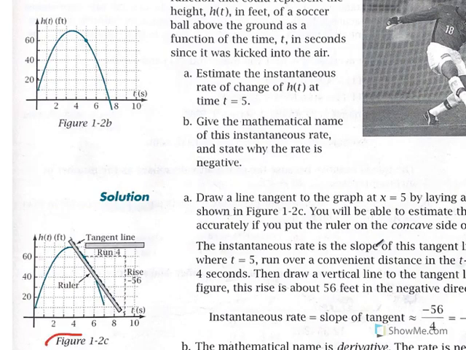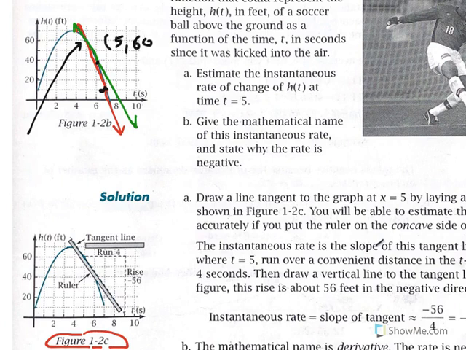So what we're doing in figure 1-2C is we're taking the secant lines that we drew earlier, and we drew 2 of them earlier, and we're just thinking, okay, if I move the second point closer and closer to the point 560, the secant lines will start to approach what we call the tangent line.